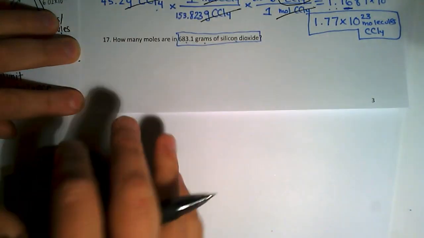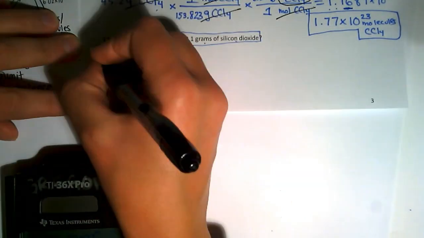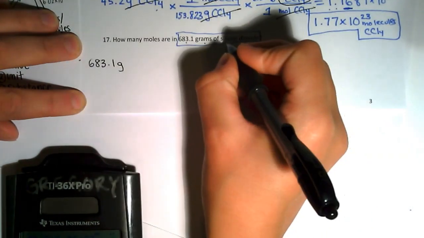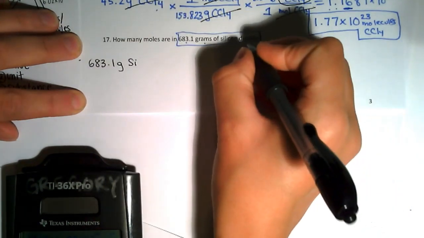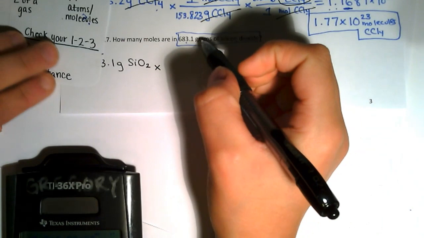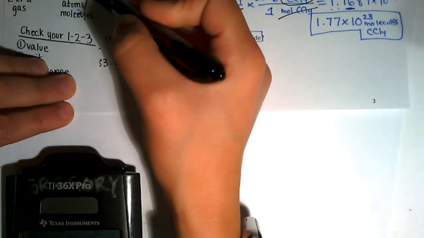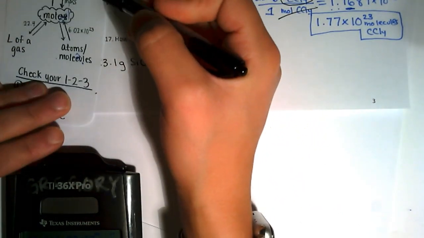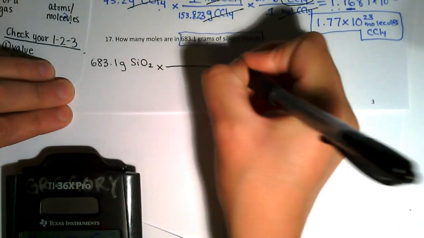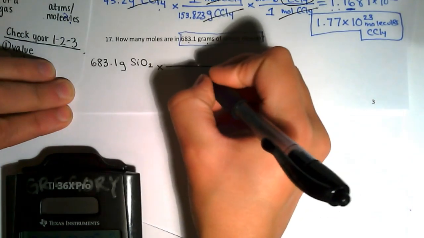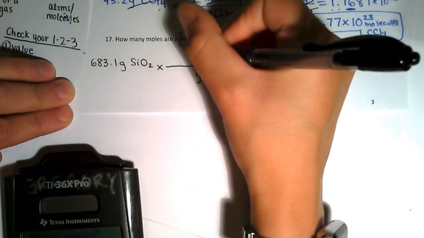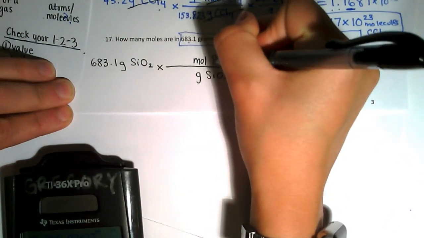So we're going to start with 683.1 grams of silicon, Si dioxide, O2. And then since we're trying to get from grams to moles, we just need one conversion factor. Grams to moles, one conversion factor. And it's going to take us grams of silicon dioxide, SiO2, is going to cancel out, and we want to get to moles of SiO2.